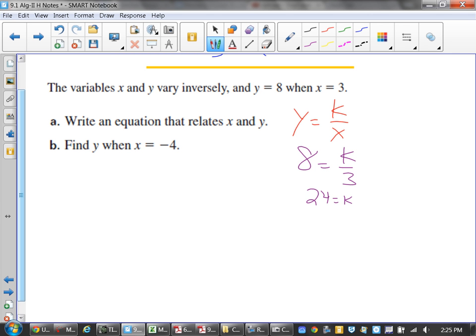Therefore, you can rewrite it as the rule. So if the k value is your constant, then what would your generic equation look like? So then you would have y equals 24 over x. And what do you think you do with part b? Substitute back in. What do you get for y? That's all it is.